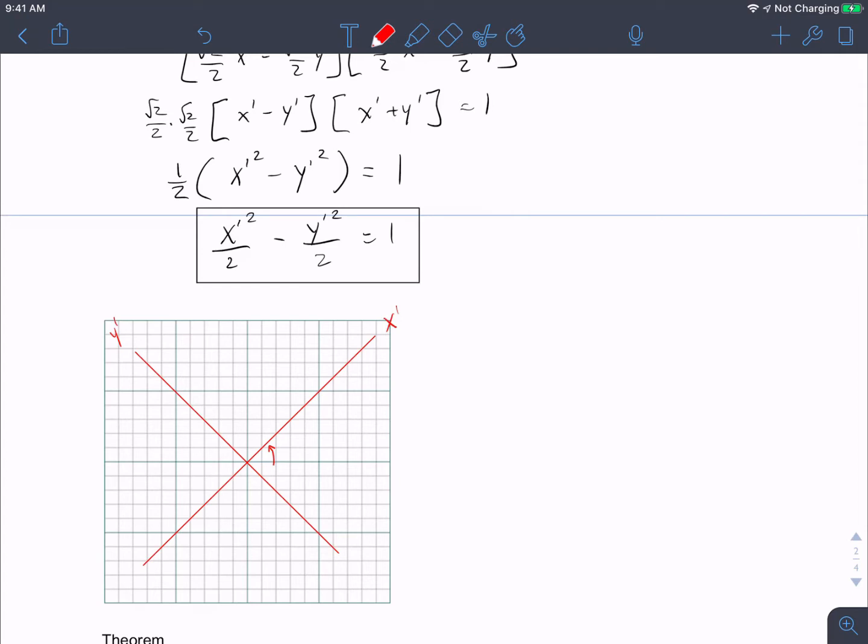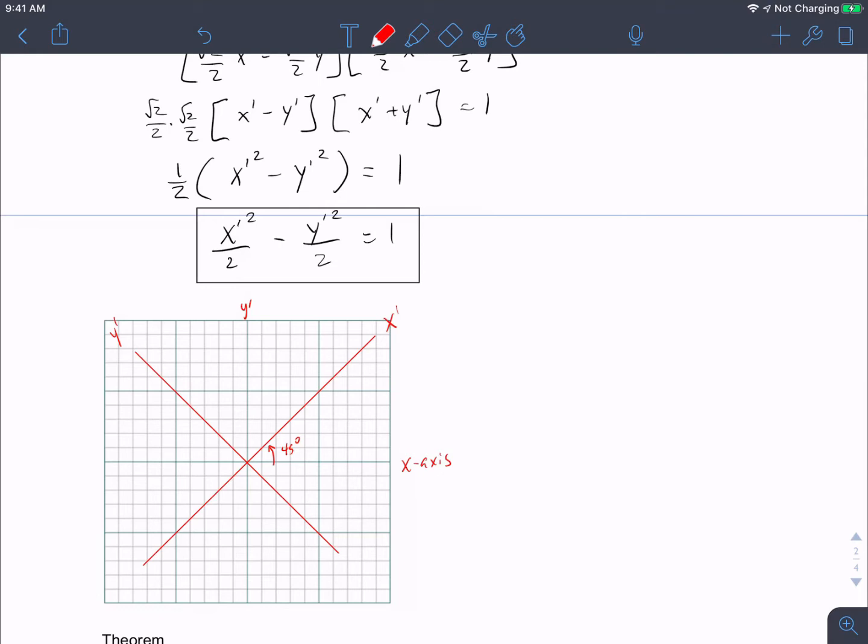And so what we end up seeing is we can actually graph this thing. That angle of rotation is 45 degrees right there. So basically, what was the x-axis has been shifted over 45 degrees. What was the y-axis has been shifted 45 degrees.